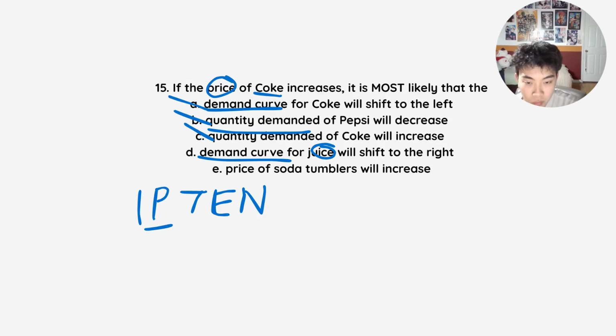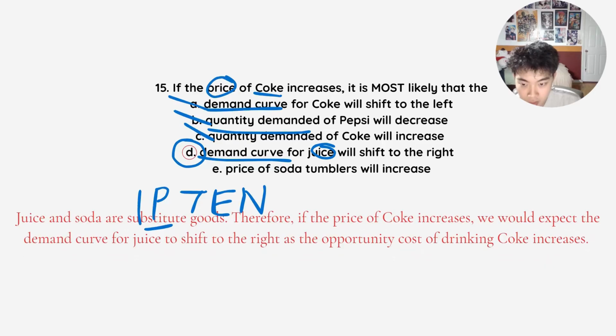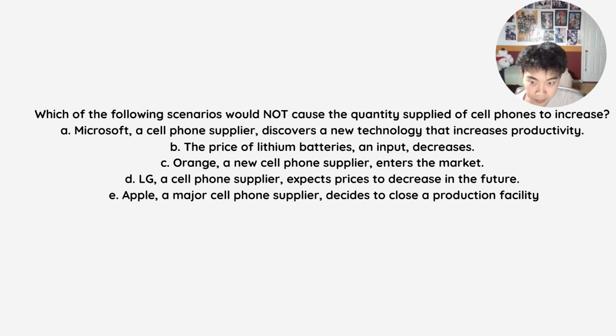So that would make the most sense, because if the price of Coke increases, the demand for Coke will decrease, so the demand for juice will increase. So D is our best answer. Juice and soda are substitute goods. Therefore, if the price of Coke increases, we would expect the demand curve for juice to shift to the right, as the opportunity cost of drinking Coke increases.